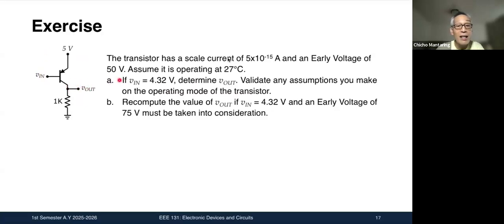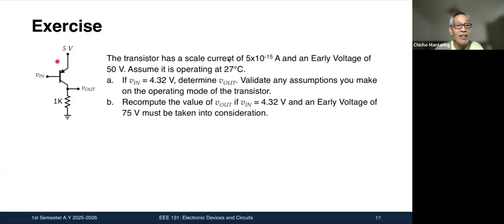This letter A is a problem that you should be able to solve from what you learned in topic 2. In other words, I'm not introducing anything new that will enable you to solve this problem. If you take a look at the UVLE notes, the exercise they gave is an NPN transistor.